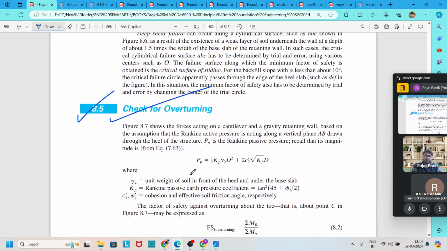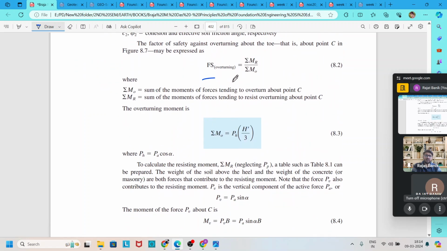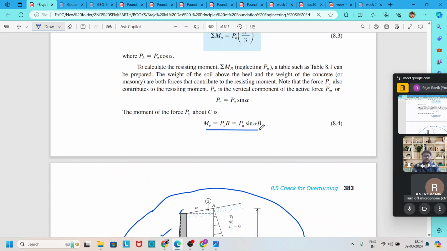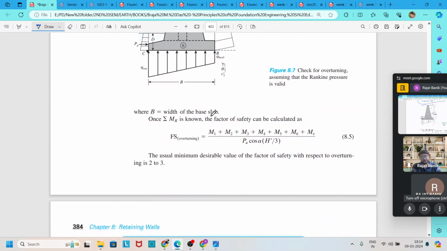So first find out the overturning. Overturning is occurring due to the active earth pressure, and the resisting moment is acting due to the self weight of the retaining wall. So first find out by this formula. I am sharing these theories with you. You can access it.